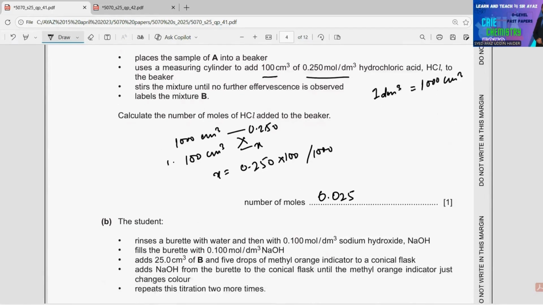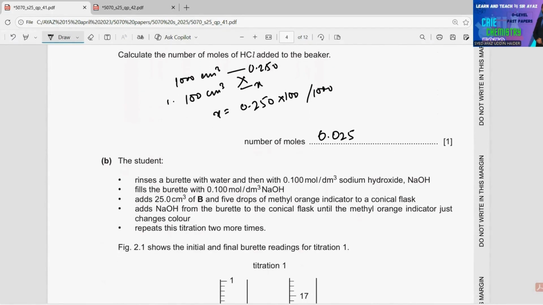Part B. The student rinses a burette with water and then with 0.1 mole per dm cube sodium hydroxide NaOH. Fills the burette with 0.1 mole per dm cube NaOH, adds 25 centimeter cube of B and 5 drops of methyl orange indicator to a conical flask. Adds NaOH from the burette to the conical flask until the methyl orange indicator just changes color.